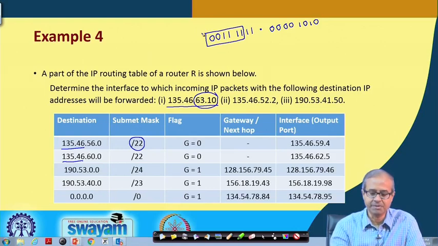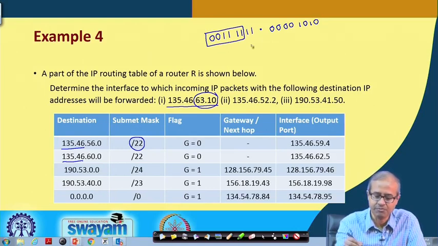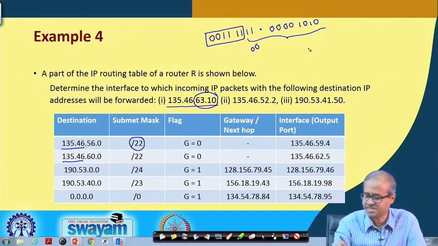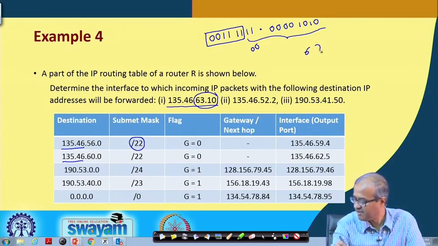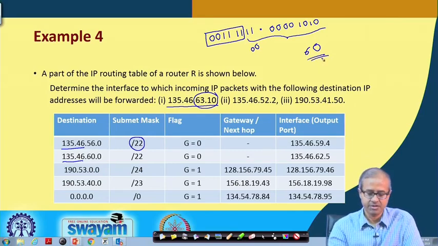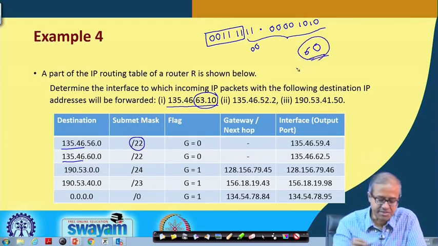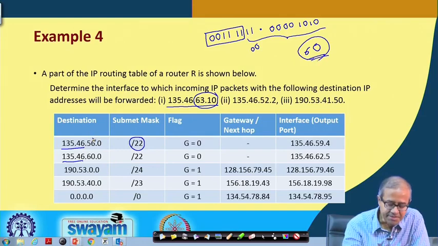So, how much will it become? If you do a bit by bit ANDing, these will be the host part. So, these 2 bits will become 00. So, it will actually become 0011 1100, this is 60. So, you see in the first entry it is 56, so it is not matching.